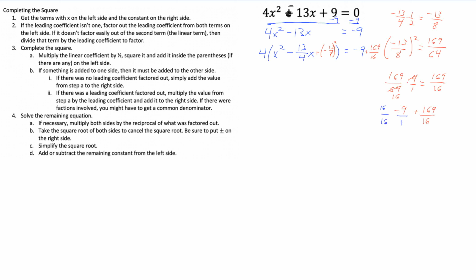If you need to, you can do work on a calculator, but 16 times -9 is -144/16 plus 169/16. And if you combine those, you get 25/16. And so actually on the right here, when we combine those, we have 25/16.